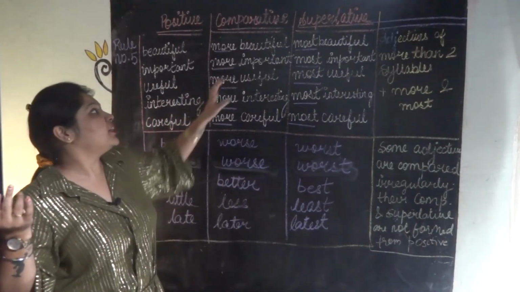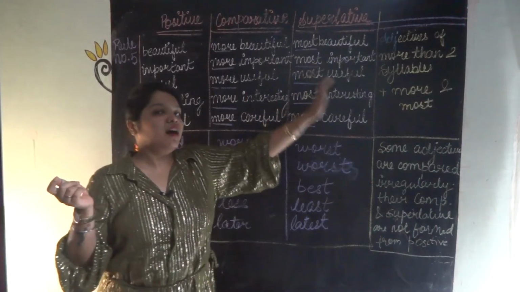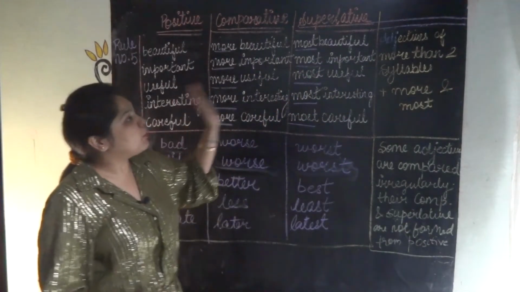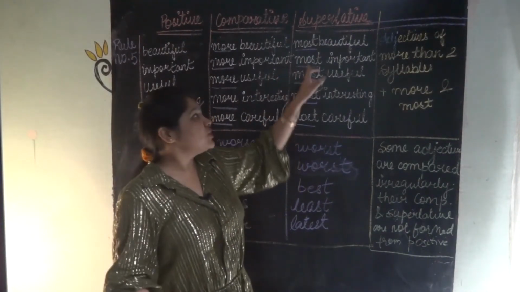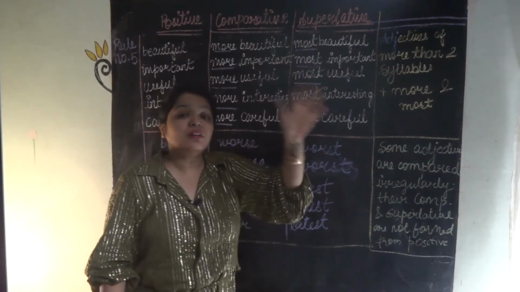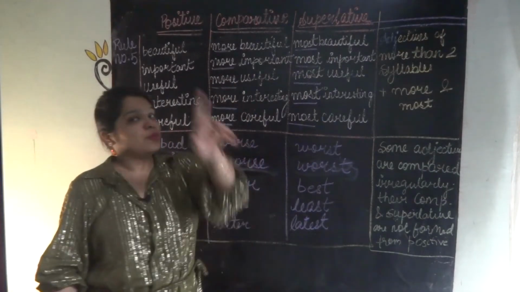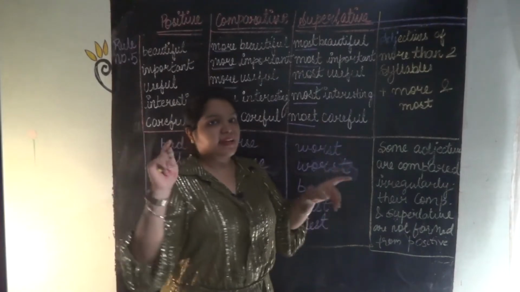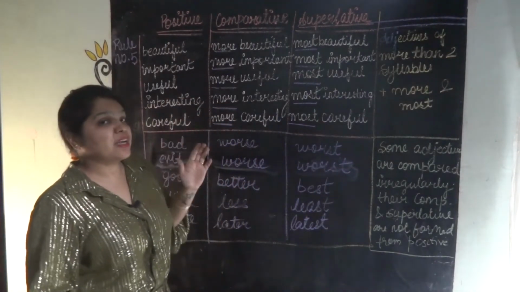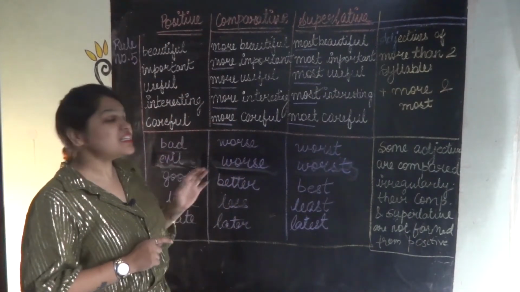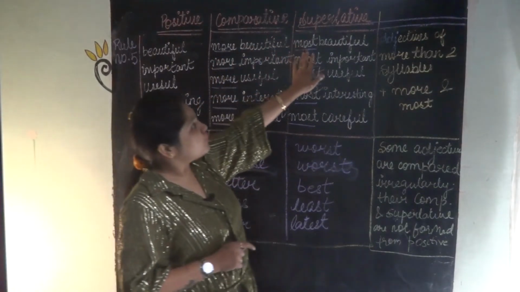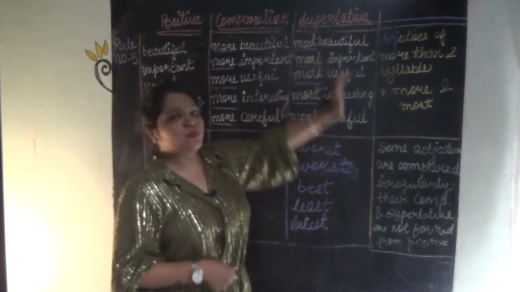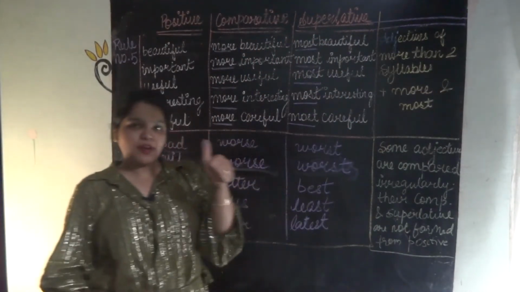So I'll say, she is more beautiful than her when I'm comparing two girls. If I'm comparing the full class, she is the most beautiful girl in the class, means I'm comparing everybody. So I'm not adding beautifuler, beautifulest. We are just adding more and most to make the comparative and superlative degrees of comparison.